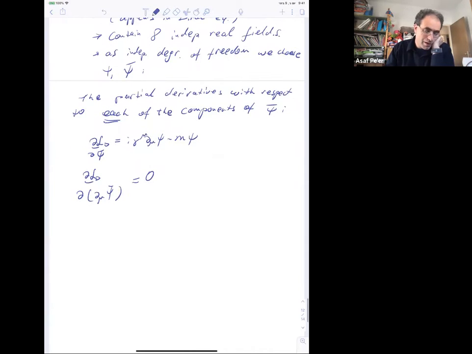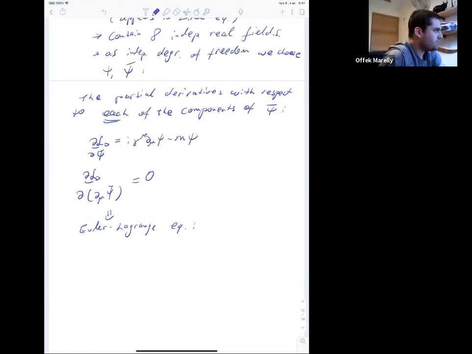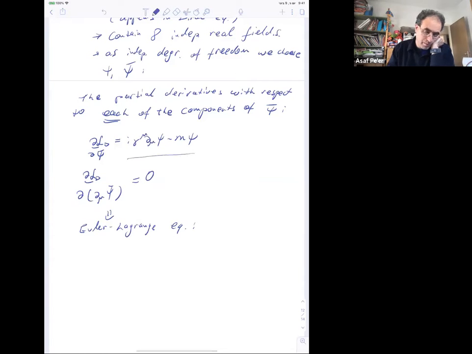What will be the Euler-Lagrange equation then? Just minus what we have on top. Exactly, right? Just this one equal to 0.